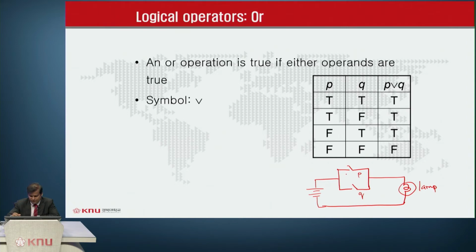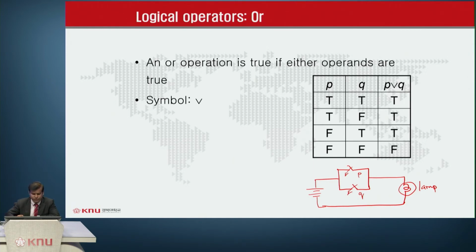Yes, definitely. If you just turn on, say, P, or if you just turn on Q, the circuit is complete and the lamp will glow. Or if you turn on both P and Q, still the circuit is complete and the lamp will glow.